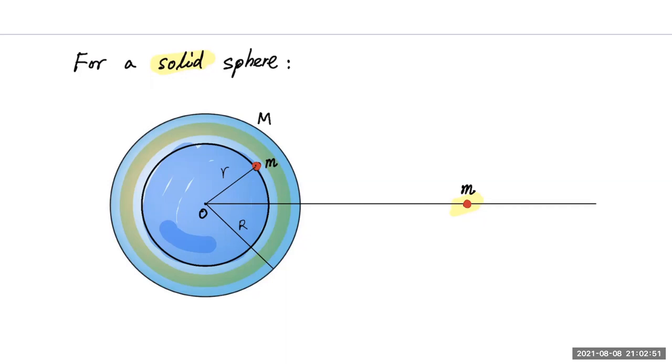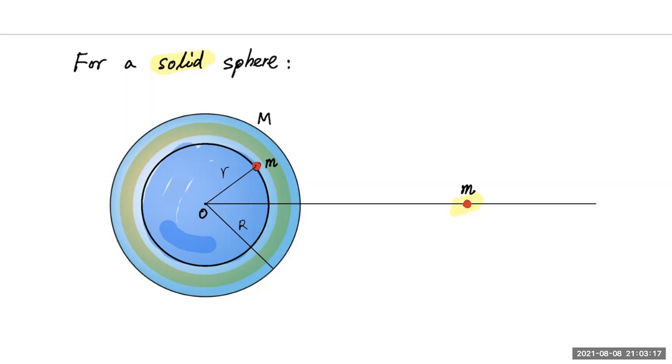After we divide this entire solid sphere into a whole bunch of shells, we crush each shell to a point mass at its center, without changing the force given by that shell on that point mass. So shell by shell by shell, the entire solid sphere eventually can be replaced by a point mass at its center. That's the beauty of it.